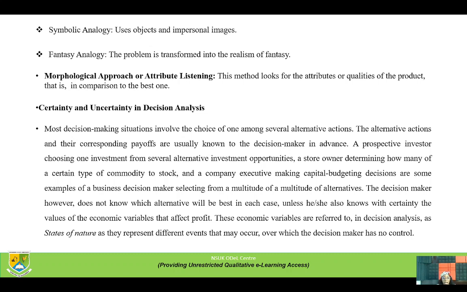The decision maker, however, does not know which alternative will be best in each case, unless he or she also knows with certainty the values of the economic variables that affect profit. These economic variables are referred to in decision analysis as states of nature, as they represent different events that may occur over which a decision maker has no control.